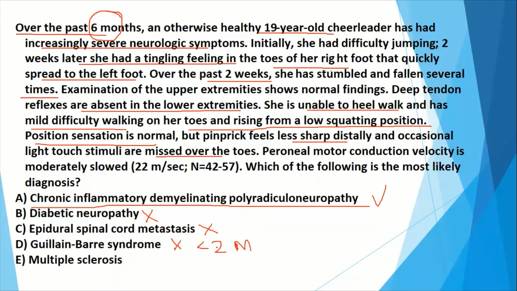So the neurological lesions are going to be spaced by time and by space. They described it as a remitting and relapsing pattern. This is the most common variant of multiple sclerosis, the remitting and relapsing pattern. So in the USMLE, they are going to test you on this concept.